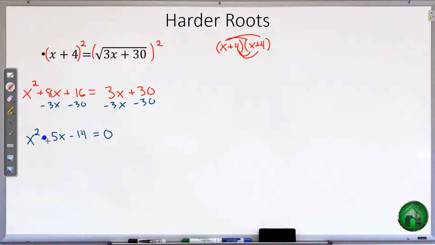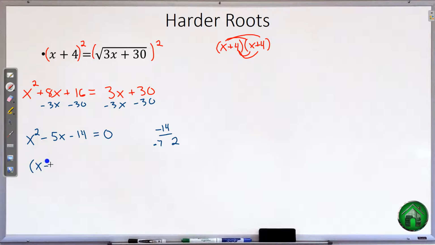We'd have to solve this. And we've got some options. We can try to factor it. We could complete the square. We could use the quadratic formula, a, b, and c. I think I made this one easy, so I believe this does factor. So we've got 14. What multiplies to be 14 and adds to be 5? 7 and 2, and the 7 has to be negative, it looks like.